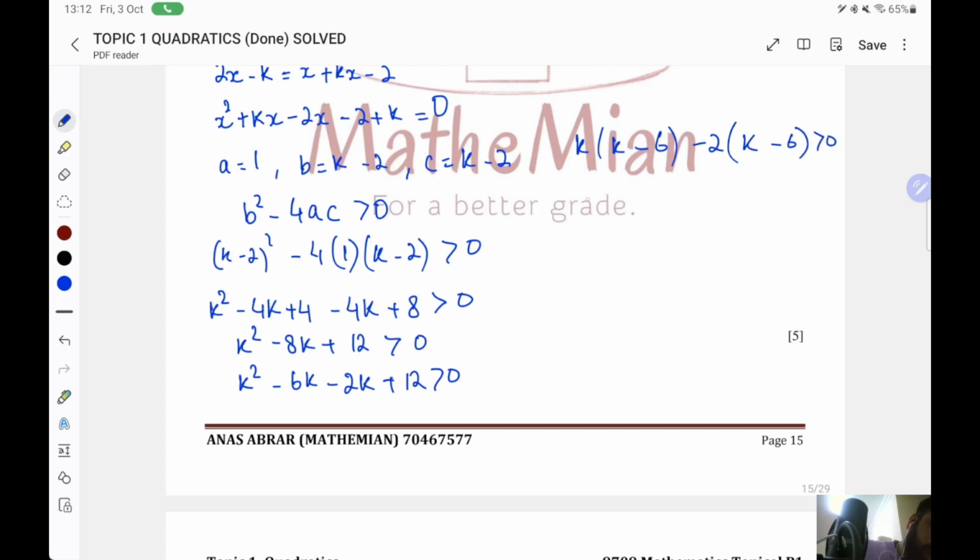The two critical values for k that we can find will be 6 and 2. Since it's an inequality, we will sketch the graph, and according to the graph, the two critical values are at 2 and 6. I hope that's clear so far.